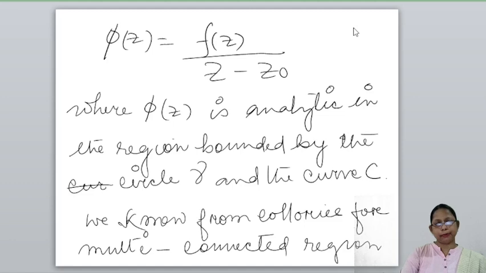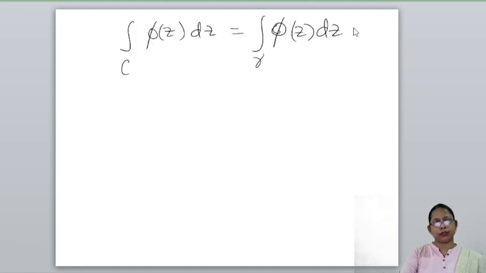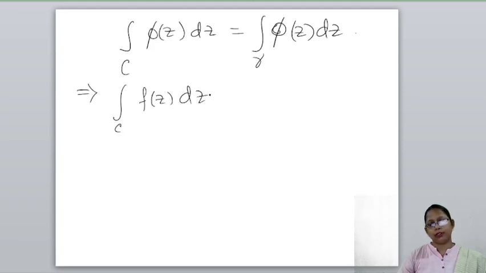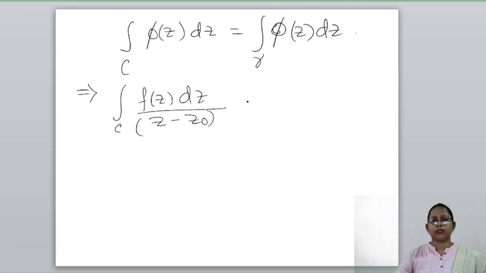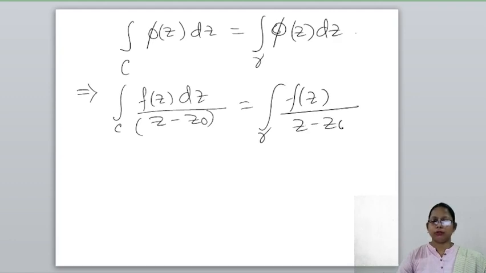What is phi(z)? Phi(z) is f(z) by (z minus z naught). Let's put the value of phi(z) in the integrals.